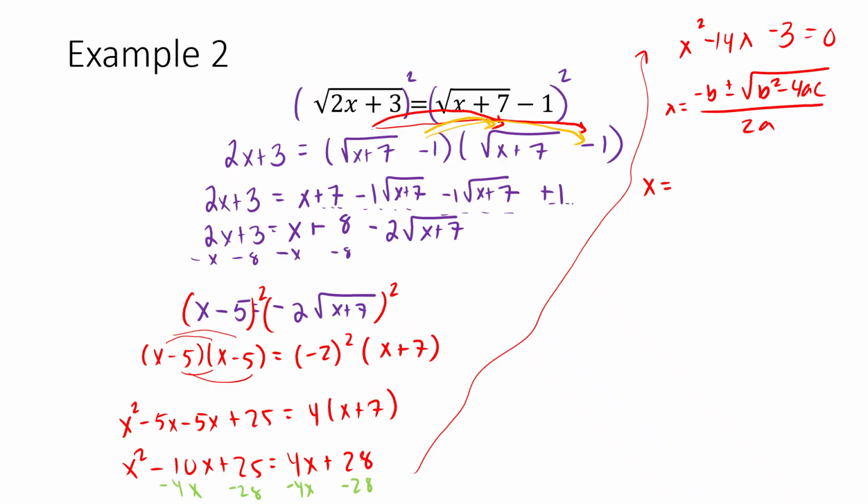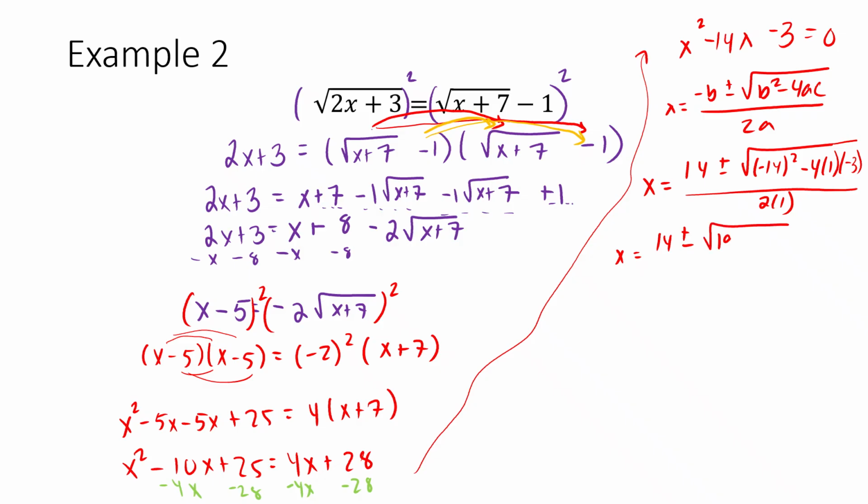B is -14, so that'll be +14 plus or minus the square root of -14 all squared minus 4 times 1 times -3 all over 2 times 1. So this will be 14 squared, which is 196, plus 12 all over 2. And that is the square root of 208 over 2.